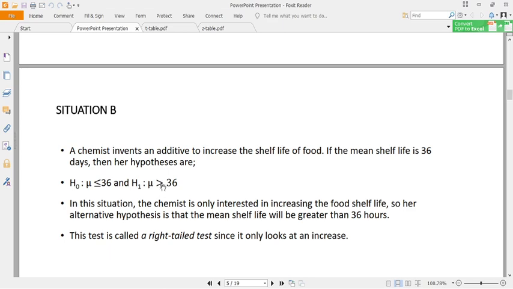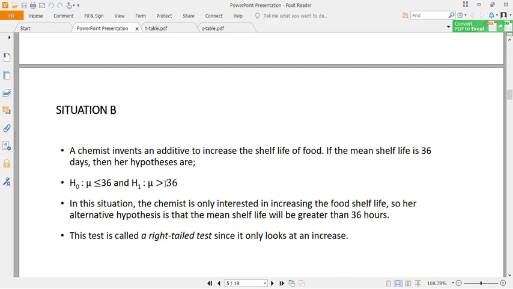You can see the mean will be greater than. The null is always the opposite of the alternative. In this case, the chemist is only interested in increasing the food shelf life. So her alternative hypothesis is that the mean shelf life will be greater than 36, and this is called a right-tailed test. You see, it is pointed in one direction.